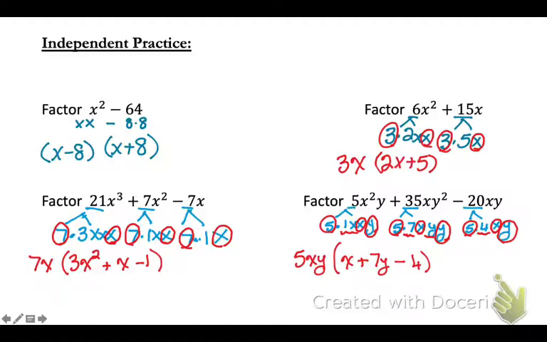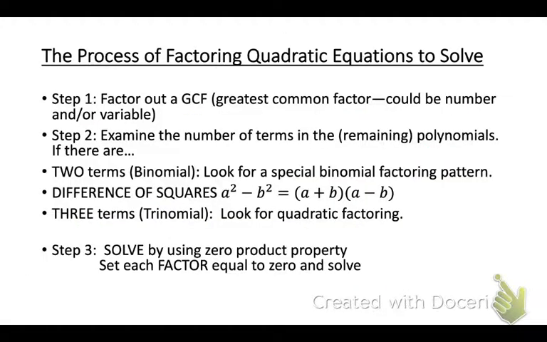Now the reason that we learned how to factor is because we want to learn how to solve quadratic equations, and we're going to use the process of factoring to do that. So the first thing we're always going to do is factor out our greatest common factor. Then we're going to look at the number of terms in any remaining polynomial.